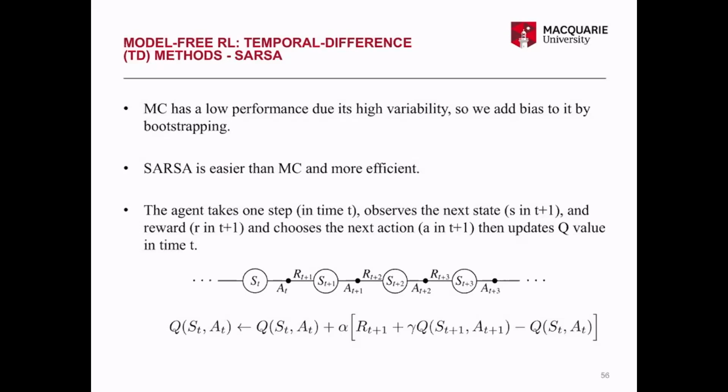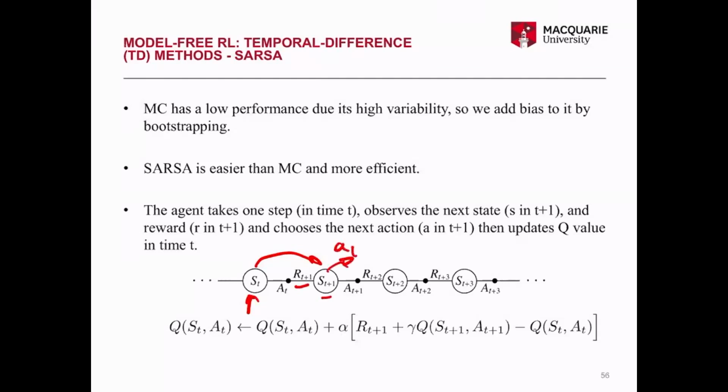So the agent takes one step at time step t, let's say such as this, right? It takes one step, it observes the next state and its reward, right? So a reward and a state. And it chooses the next action, right?